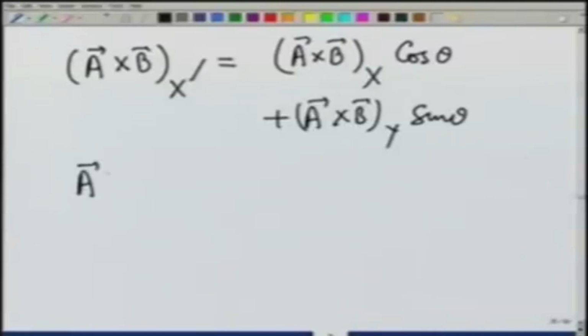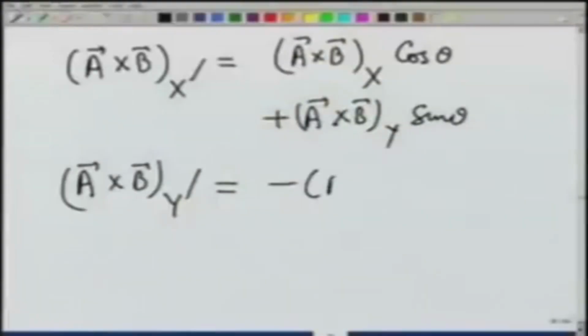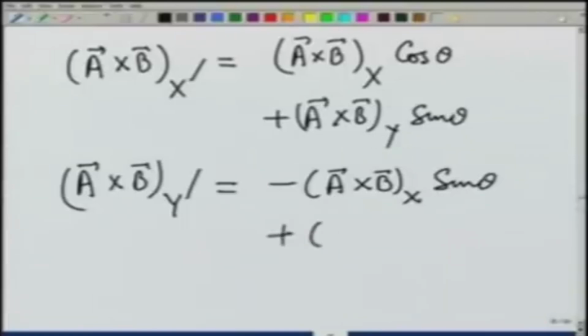Similarly, the y prime component of A cross B, if I am rotating about the z axis and changing only the x prime and y prime axes, should be equal to minus the x component of A cross B times sine theta plus the y component of A cross B times cosine theta. I leave this as an exercise for you.